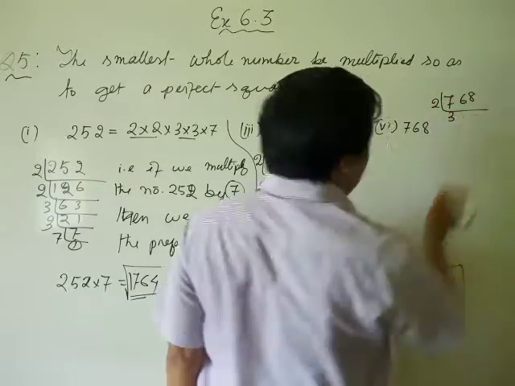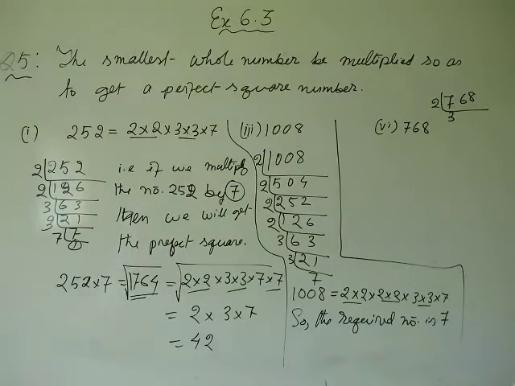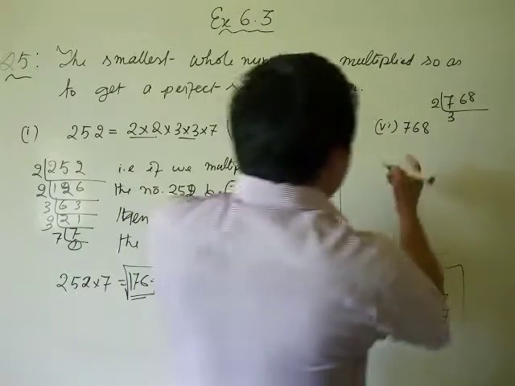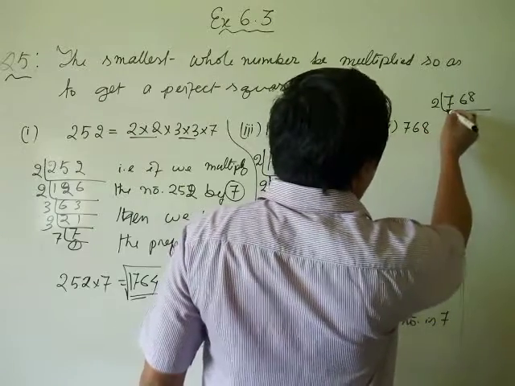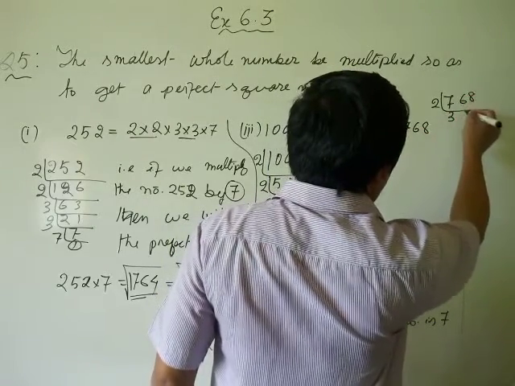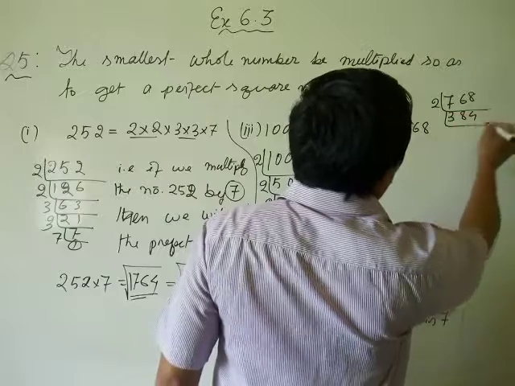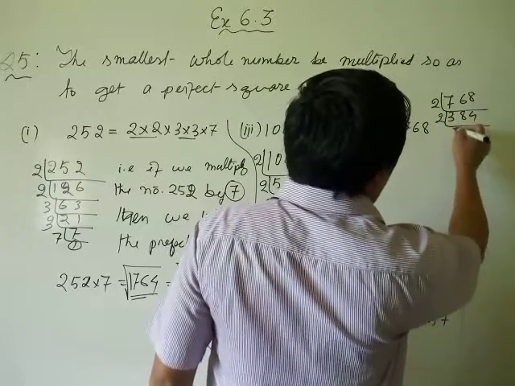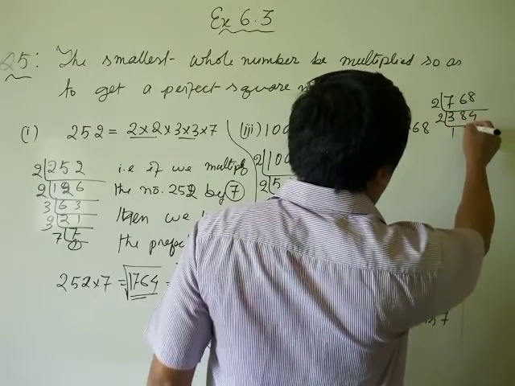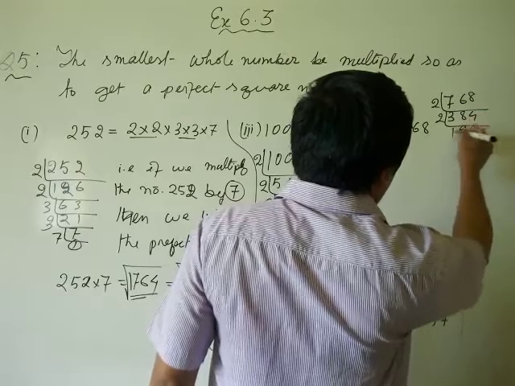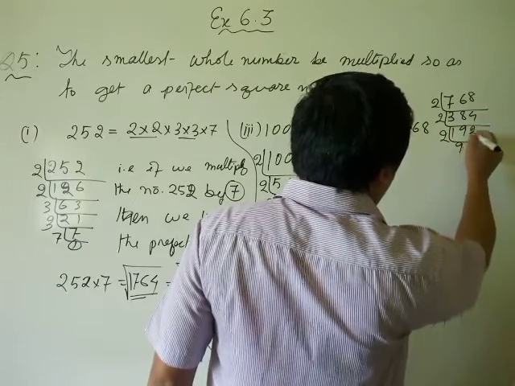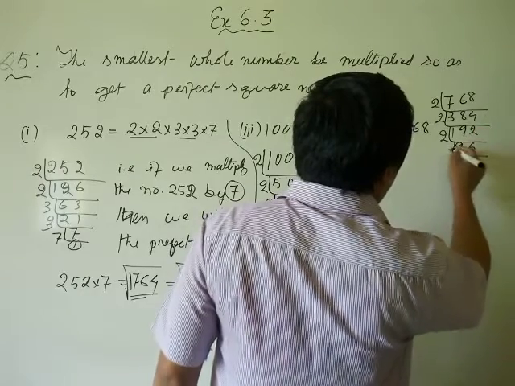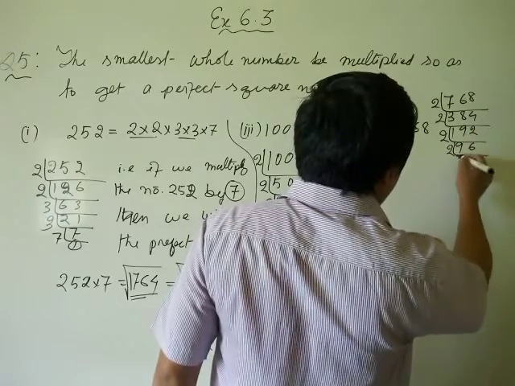2 3s are 6. 2 3s are 6. Then 2 3s are 6. Then 16, 8 will be here 4. Then 2 1s are 2. And 18, 2 9s are 18. 2 2s are 4, still 2. 2 9s are 18. And 2 6s are 12. Still 2. 2 3s are 6. 32.